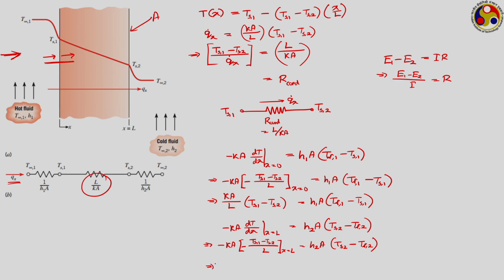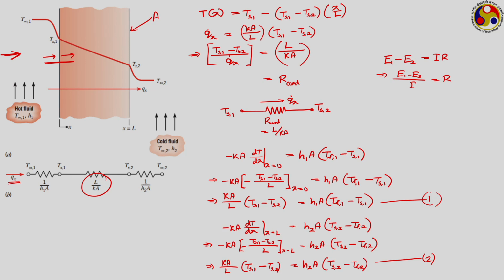Or just arranging the same way, we have K A upon L into (T s 1 minus T s 2) is equal to H2 into A into (T s 2 minus T infinity 2). So, now we have got two equations, and this is say our equation number 1, this is our equation number 2.